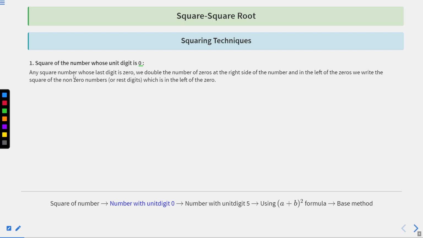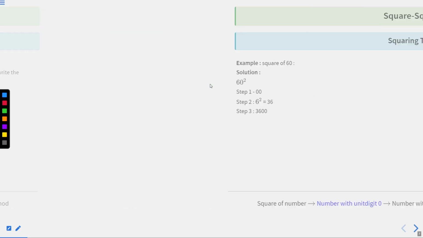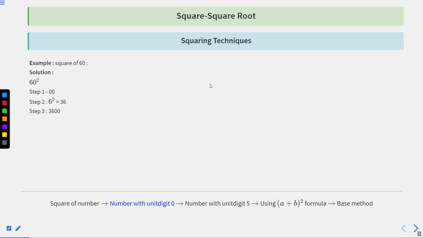For any number ending in 0, we double the number of zeros at the right side, and to the left of the zeros we write the square of the non-zero number, that is, the rest of the digits left of the 0. Let us see an example to understand the concept better.